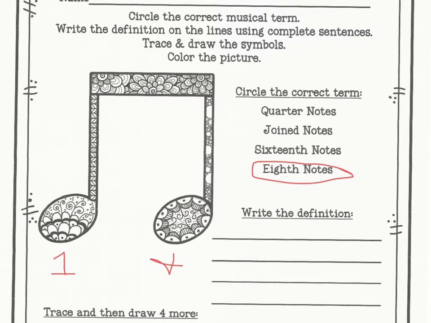Okay? So, our definition is 1 beat contains 2 eighth notes.